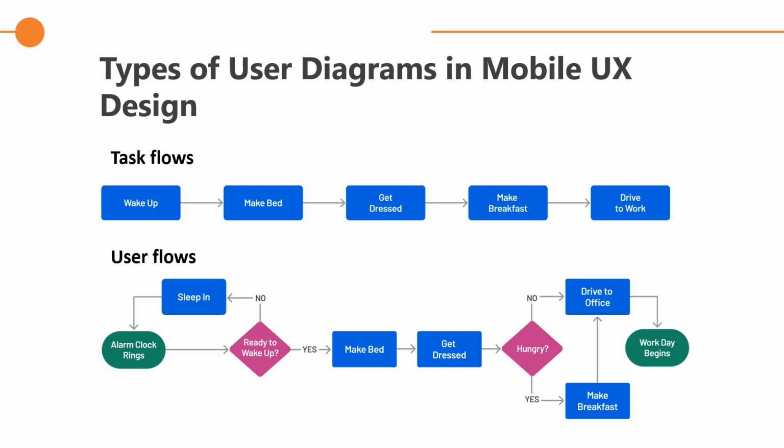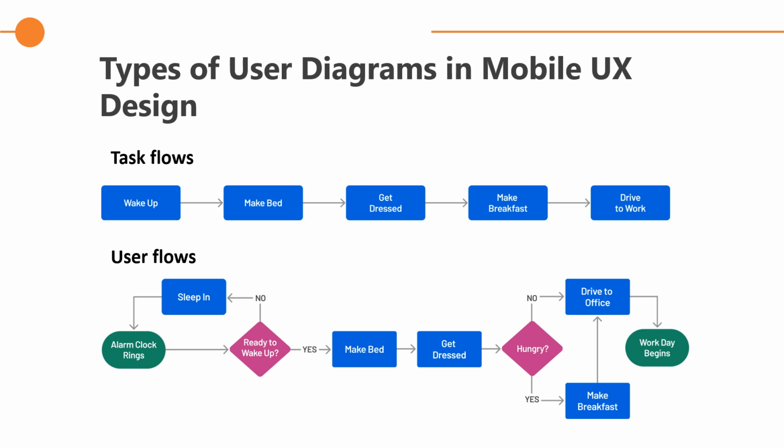A task flow is a visualization of the specific steps undertaken to accomplish a goal in your product. Task flows are typically linear. They generally represent a very predictable, ideal way a user would accomplish a goal in the product.